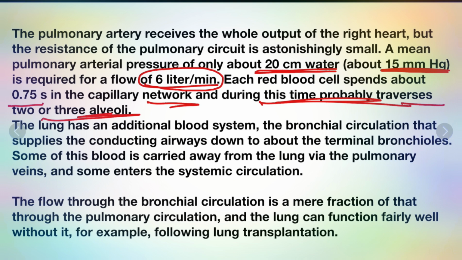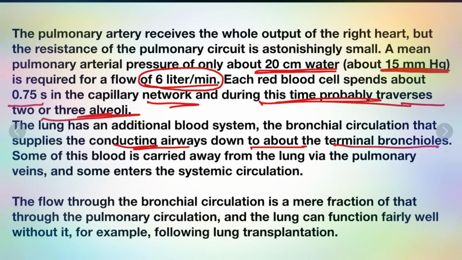The lung has an additional blood system, the bronchial circulation, that supplies the conducting airways mainly. So the bronchial system supplies the conducting zone, and the pulmonary system participates in gas exchange. The bronchial circulation supplies the conducting airways down to about the terminal bronchiole.